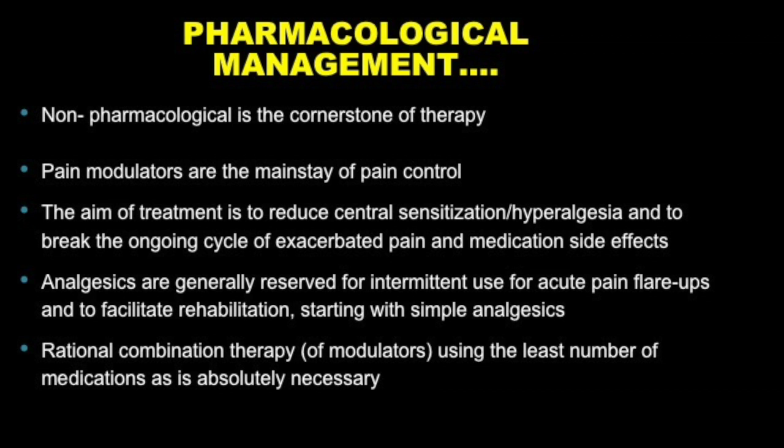So once that has been instituted, then you can go on to the oral medication. So things like gabapentin, which are neuropathic agents, things like NSAIDs, things like antidepressants are alternatives to using morphine, especially for patients who have opioid-induced hyperalgesia.